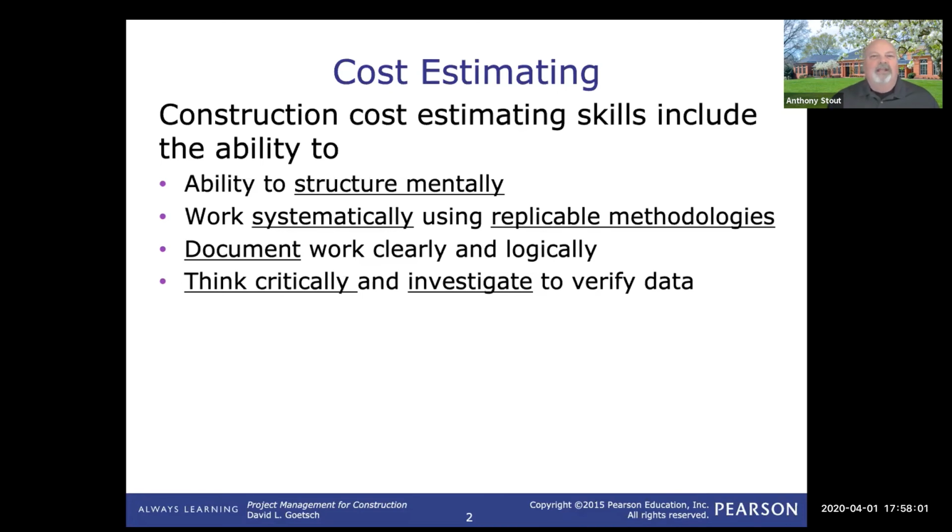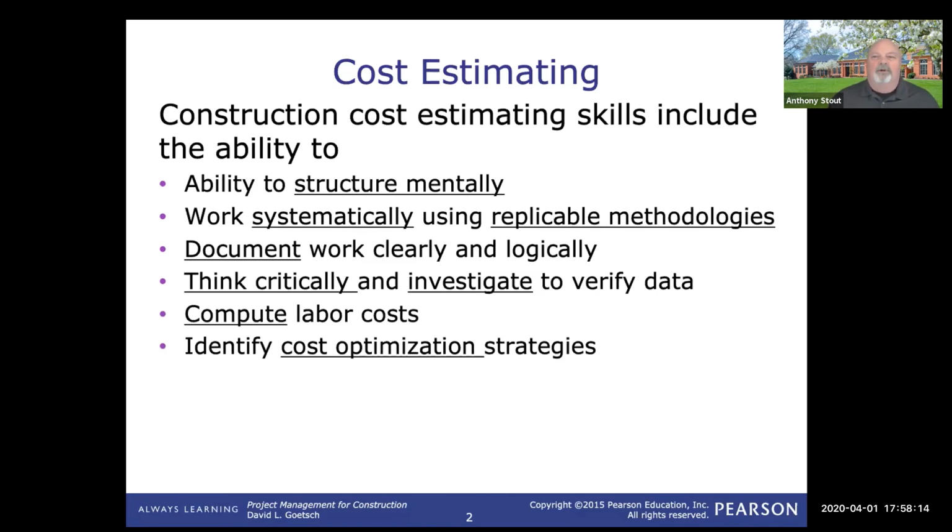What if we changed out material? What if we did something before something else? What's the impact on the cost? What if we increase crew size? Along those lines, we're going to compute labor costs, look at material costs, rentals, all those things.